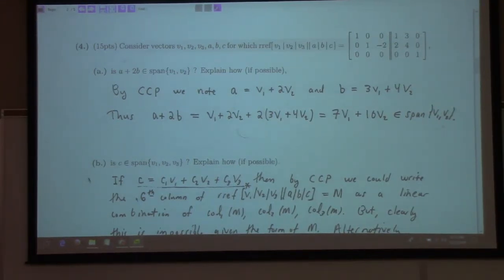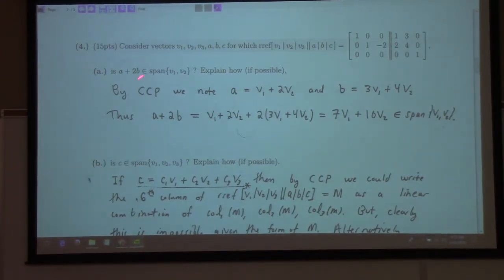They are not equal. So what you have to do here is to use the column correspondence property to notice that, for example, A has to be equal to V1 plus 2V2, because that same relation holds.